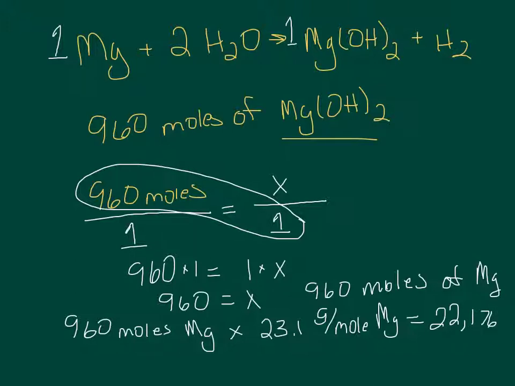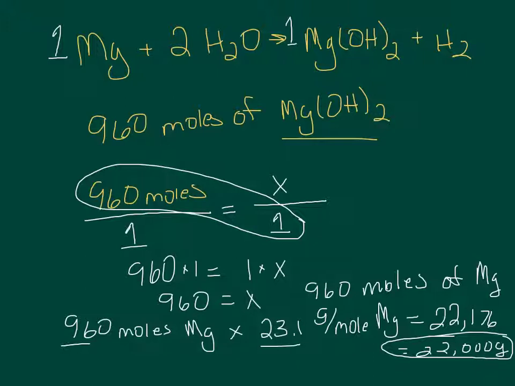And then let's look at significant digits. I have 3 here, 2 here, so my answer needs 2. So I'm going to round that off to 22,000. And that's grams of magnesium. And that is my final answer.